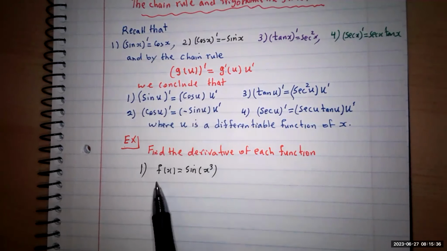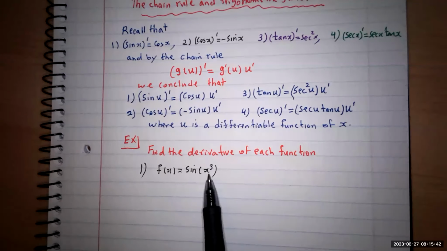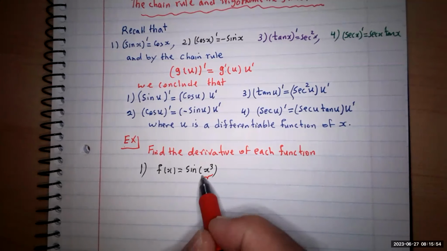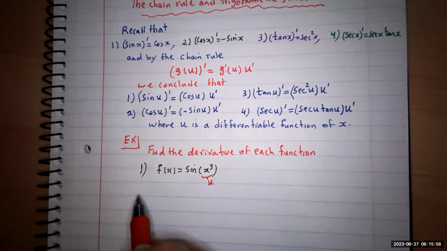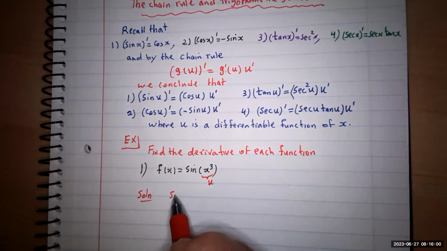The chain rule derivative would be the derivative of the outside, the derivative of a sine, cosine of x cubed, times the derivative of the inside, u prime. The derivative of x cubed would be 3x squared. You can remind yourself that this is u. So for the solution, you remind yourself that you are interested in the derivative of sine u.